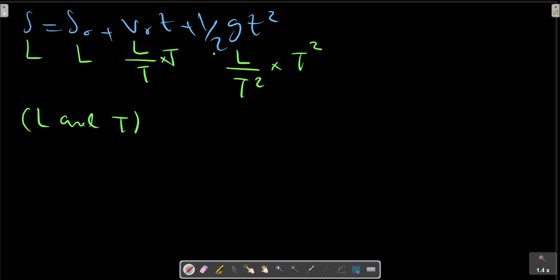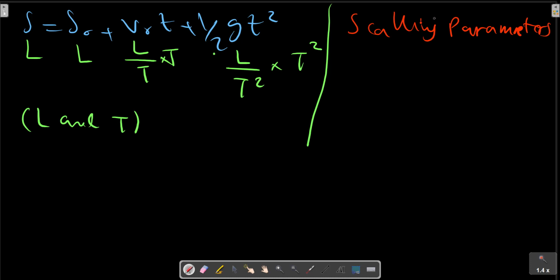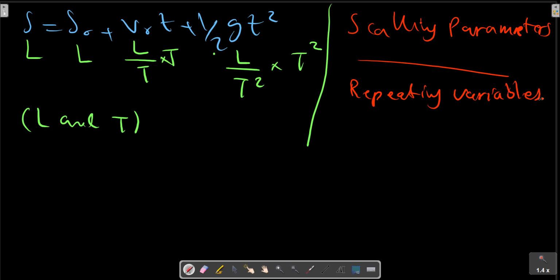Among our parameters, we therefore select the scaling parameters, also called repeating variables, used to define dimensionless variables.